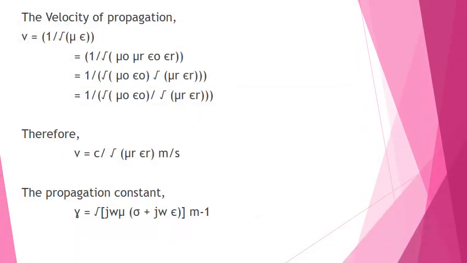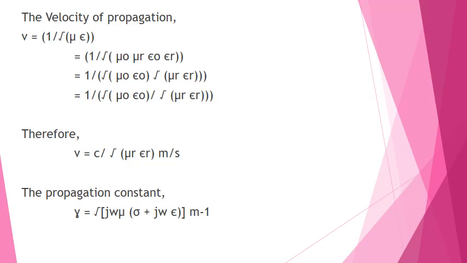Therefore, the velocity of propagation v equal to 1 by root of mu epsilon. This is the velocity of waves. Therefore, the velocity can be rewritten as c divided by root of mu r epsilon r meter per second, where c is the velocity of light. Similarly, the propagation constant is given as gamma equal to root of j omega mu into sigma plus j omega epsilon.